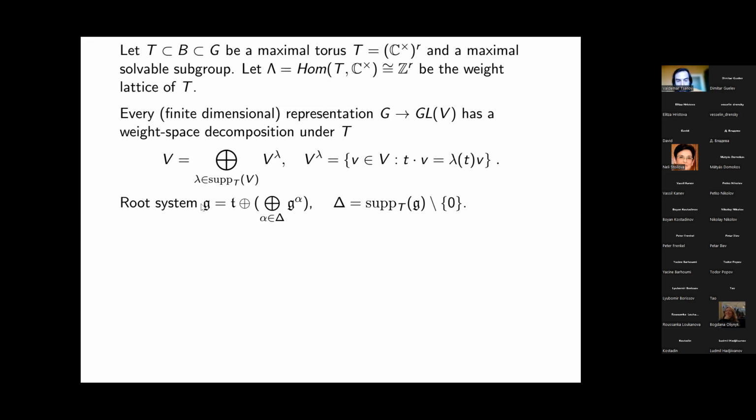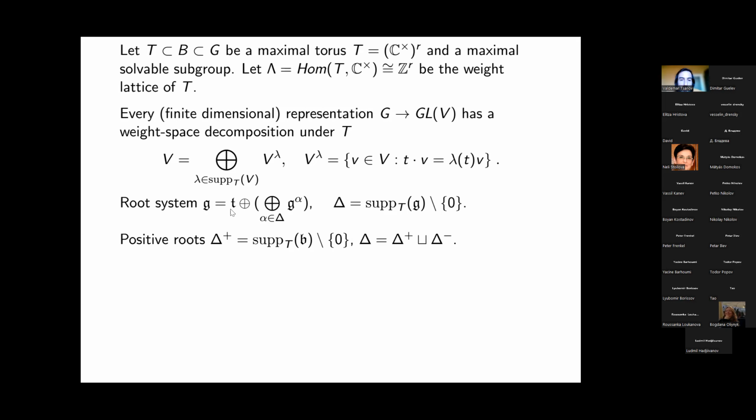An important example of support is if we take the adjoint representation of G and decompose it under T. Then the Lie algebra of T itself, T being abelian, the diagonal, is the zero weight space, it commutes under the adjoint action, and then the other weights are called the roots of the Lie algebra. So the non-zero weights of the adjoint representation. This is a finite set.